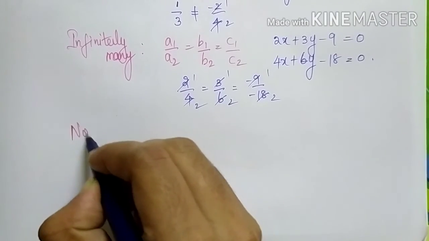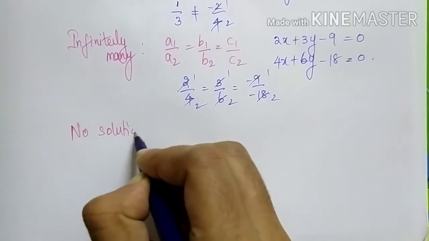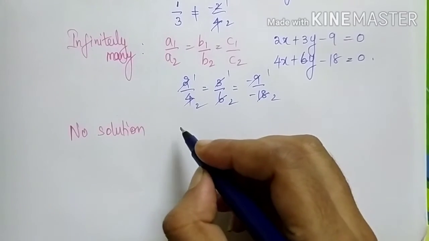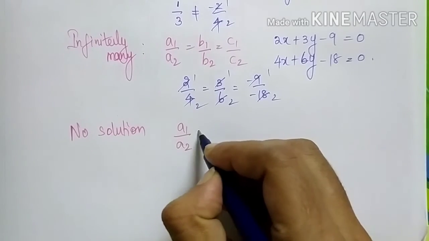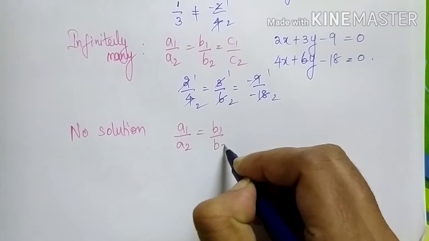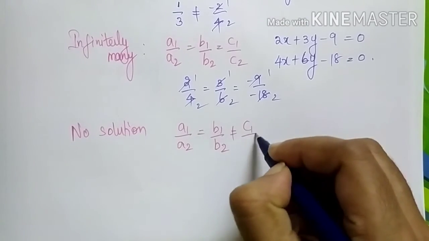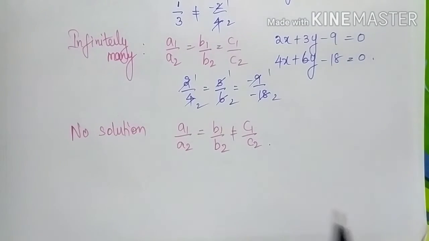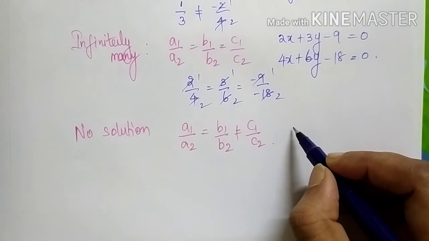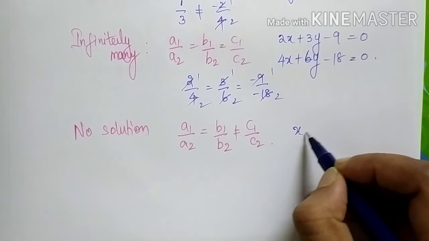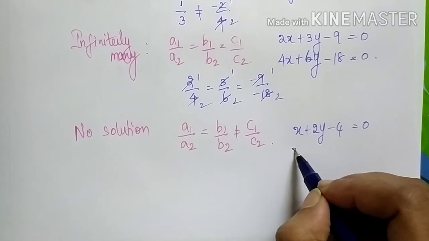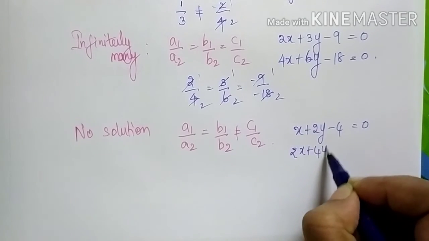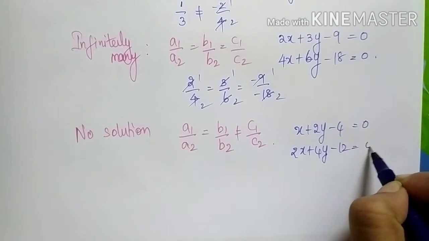Next is no solution. When will you get no solution? The condition for no solution is a1 by a2 is equal to b1 by b2, which is not equal to c1 by c2. This is the parallel case. For this we will see an example: x plus 2y minus 4 is equal to 0 and 2x plus 4y minus 12 is equal to 0.